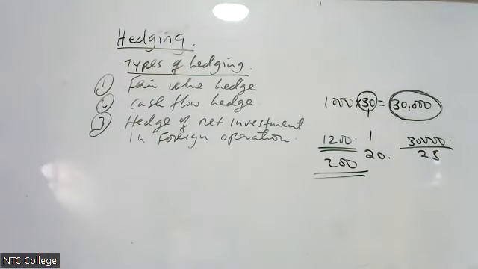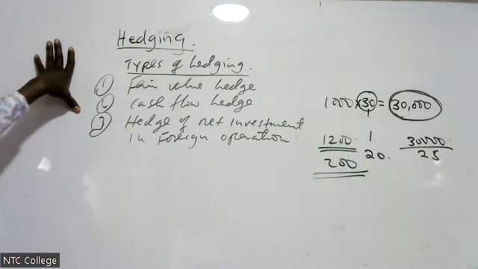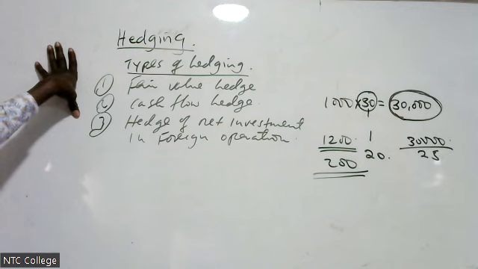Now let's move on. We say that there are 3 types of hedge. We have fair value hedge, cash flow hedge, and hedge of net investment in foreign operation.